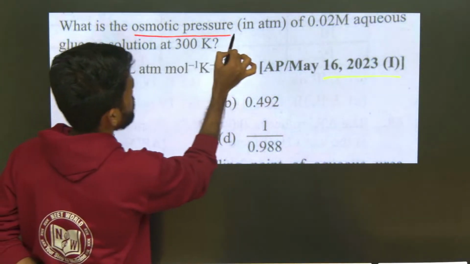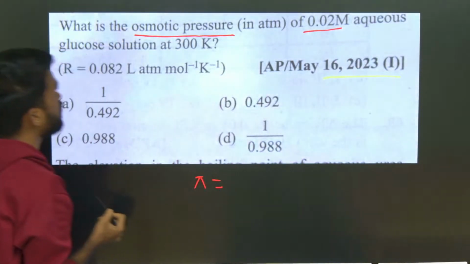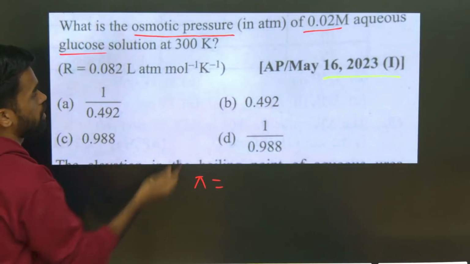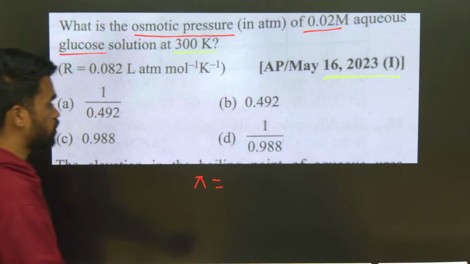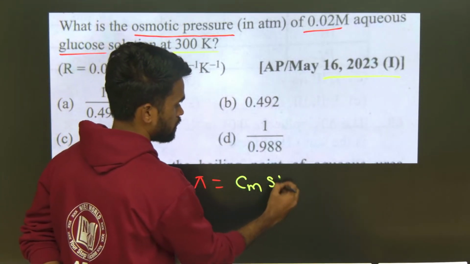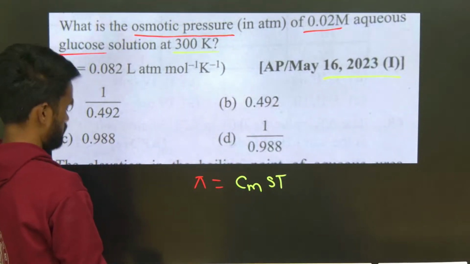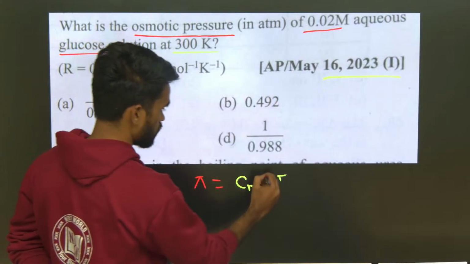What is the osmotic pressure pi of a 0.02 molar aqueous solution of glucose at a temperature of 300 Kelvin? So you can simply write pi equals Cm S T, or RT. They mentioned R in this question, so you take it as R.